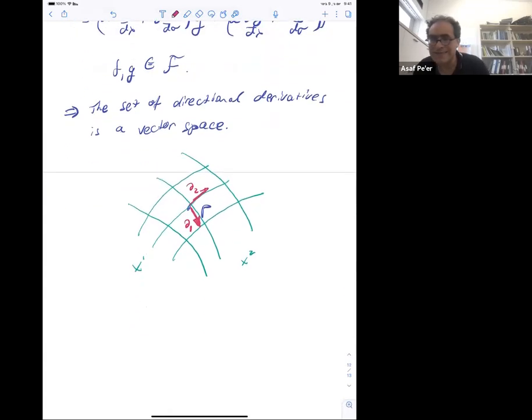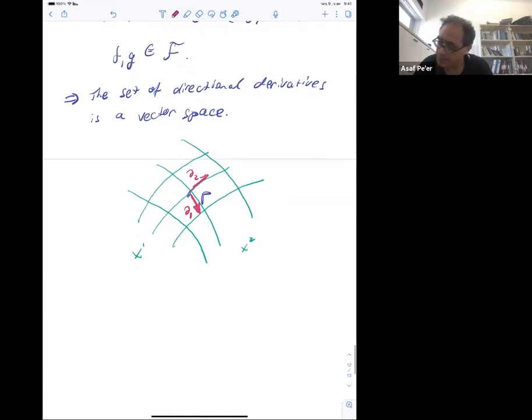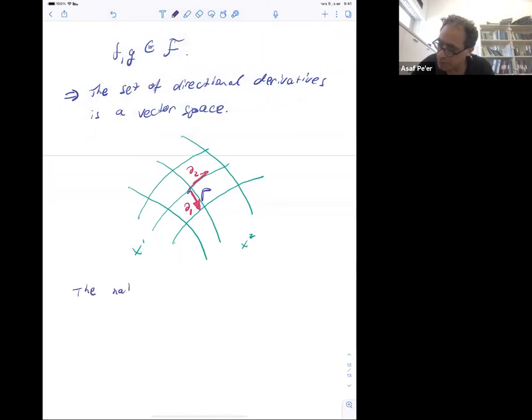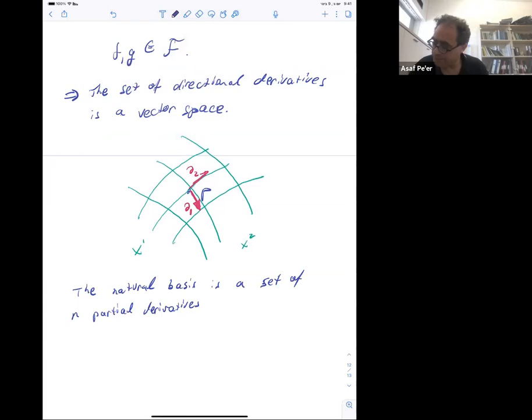The natural sets of directional derivatives will be the partial derivatives ∂_μ at p. So the natural basis is a set of n partial derivatives ∂_μ at p, right?